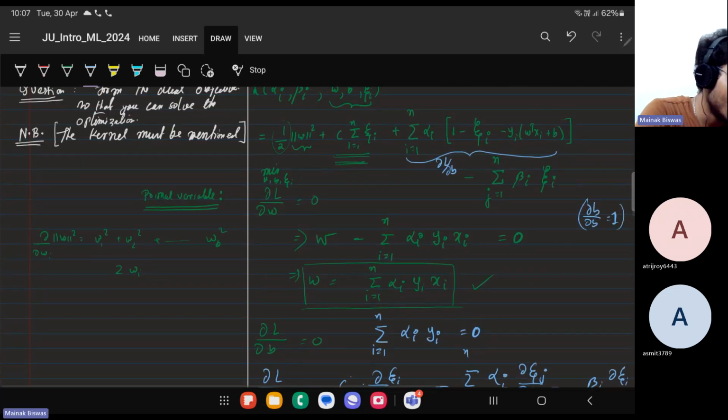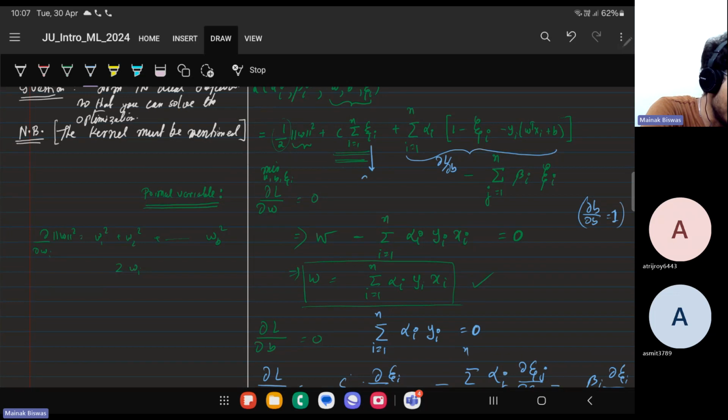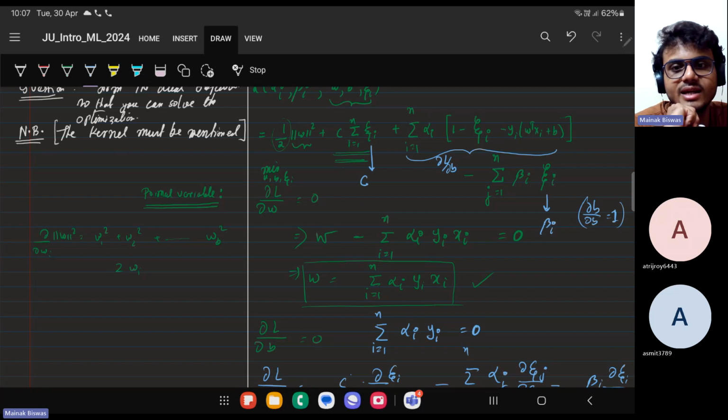Just see the equation. Only C will remain because you are taking the derivative with respect to xi I, the rest all become 0. Similarly, only beta I will remain because all the other xi's become 0, because you're taking the derivative with the ith component. Similarly, here only alpha I will remain.